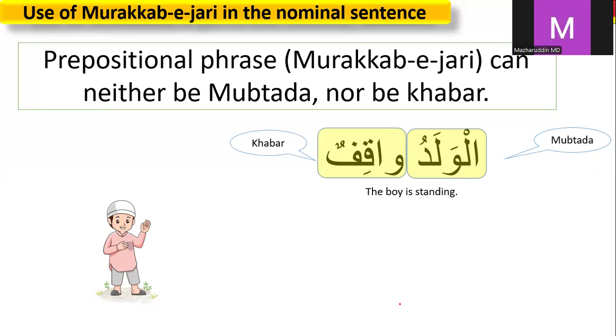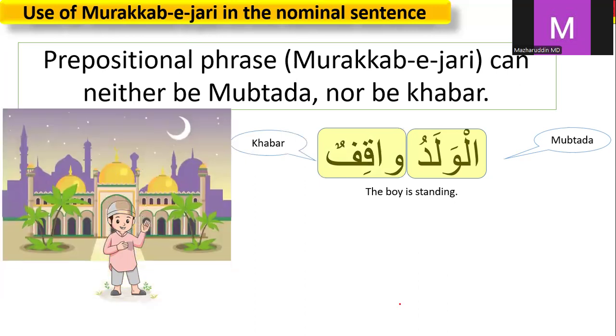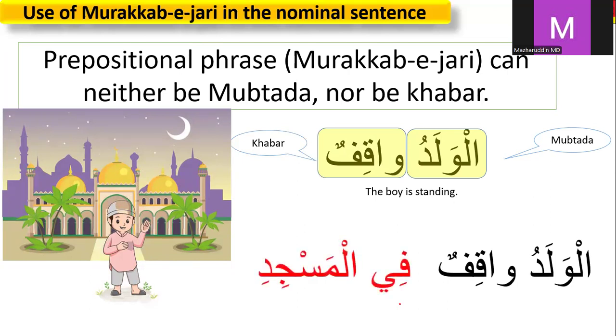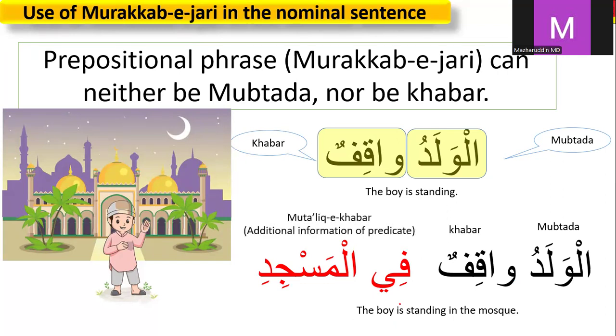Okay, this is clear. Now, if the boy is standing in the mosque, what will the sentence be? Al-waladu waqifun fil masjid. Now al-waladu is mubtada, waqifun, khabar, and fil masjidi is mutalike khabar. It is not khabar. Additional information of predicate.